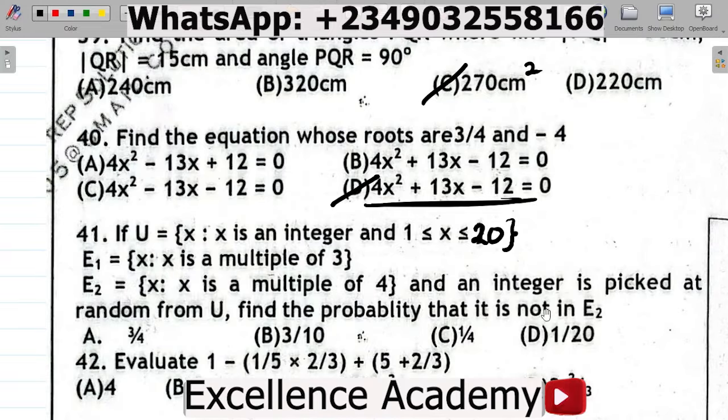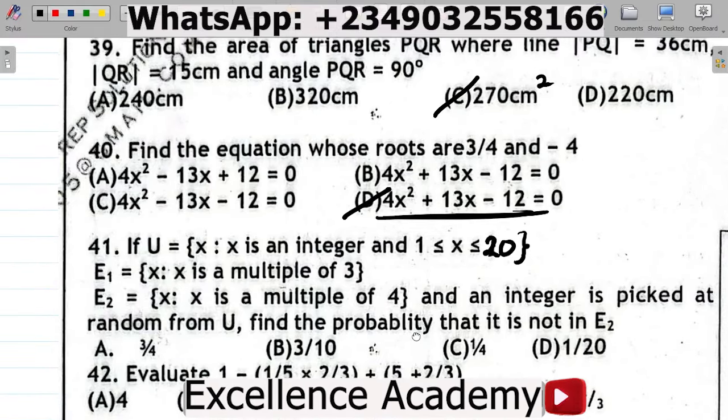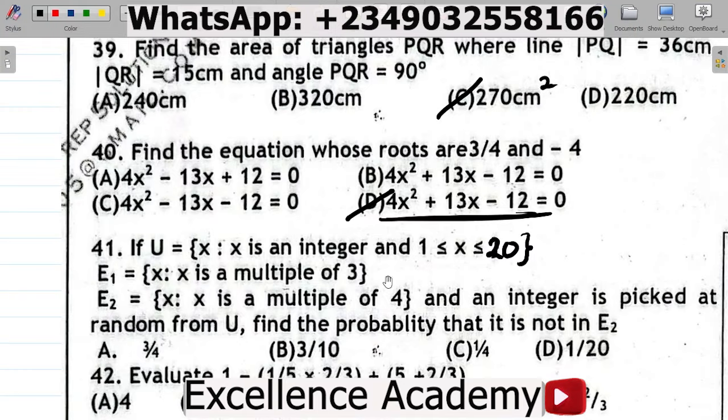The options are A, 3 over 4. B, 3 over 10. C, 1 over 4. D, 1 over 10. What's your answer to this question? Solve this question, leave your answer in the comment section and we'll tell you if you are correct or not.